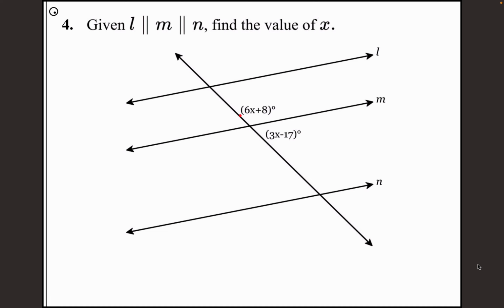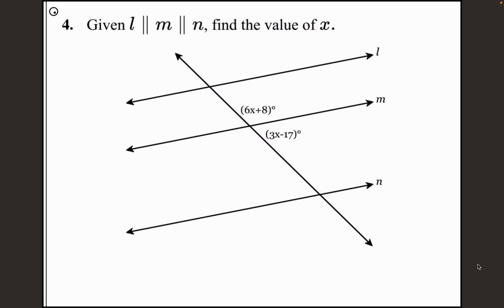So what kind of angles are these? They're adjacent. Okay, but what do we say about two adjacent angles? They add up to equal 180. Okay, so they're a linear pair.